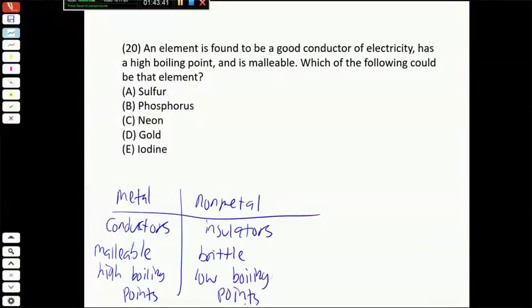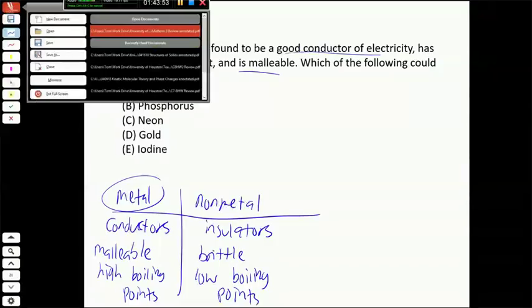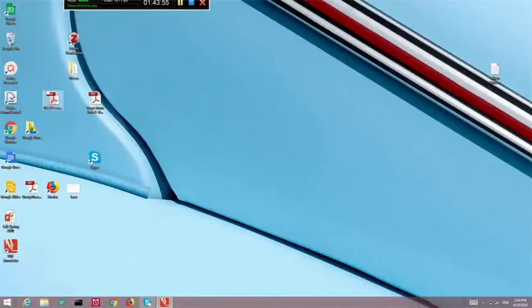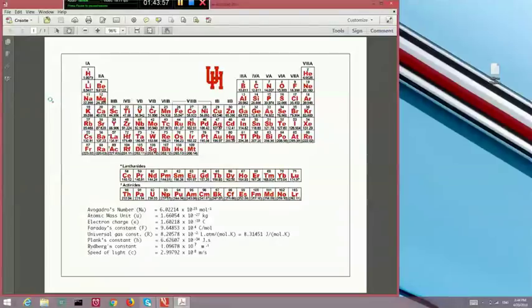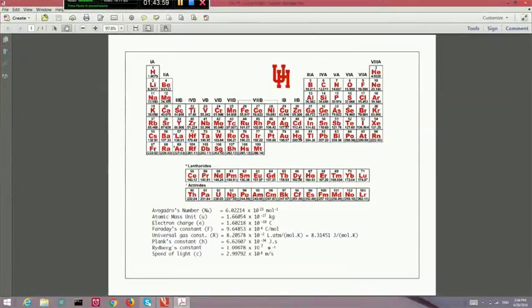So the substance that we have here is a good conductor, has a high boiling point, and is malleable, so that identifies it as a metal. All we have to do is look at this list of elements to figure out which one's the metal: sulfur, phosphorus, neon, gold, and iodine. Remember, we have this staircase that divides nonmetals from metals. Anything to the right is a nonmetal.